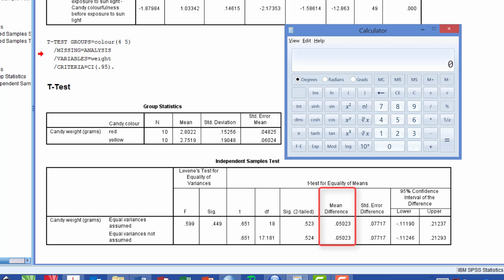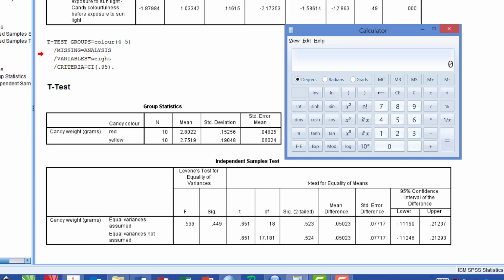Remember, the implicit null hypothesis is that there is no difference, 0 difference in the population. So what we find in our sample is actually the difference between what we find and what we expect. To standardize the effect size, again, we have to divide by the standard deviation.